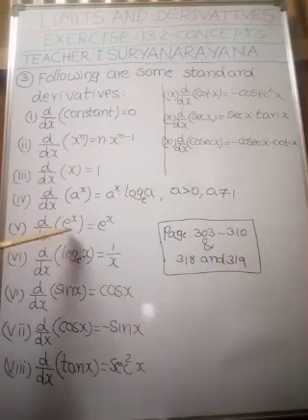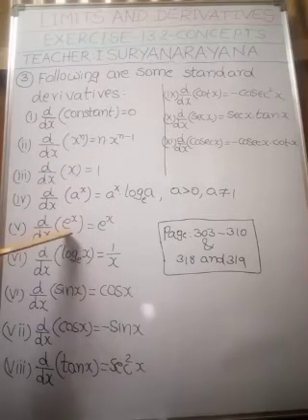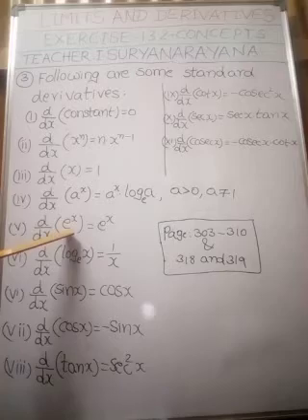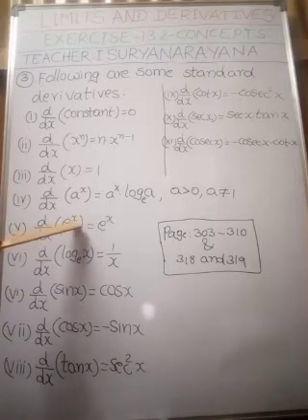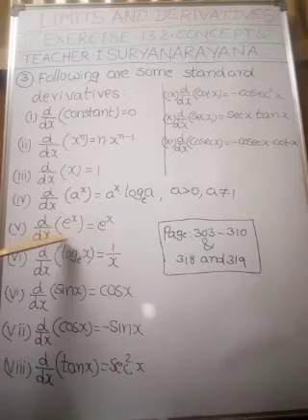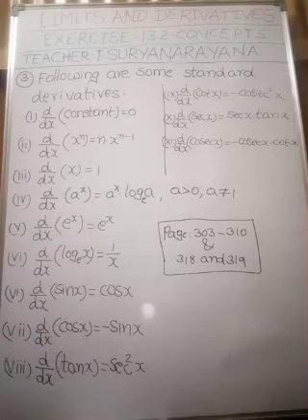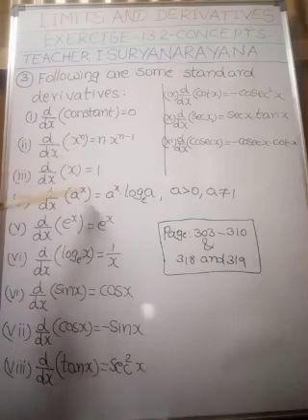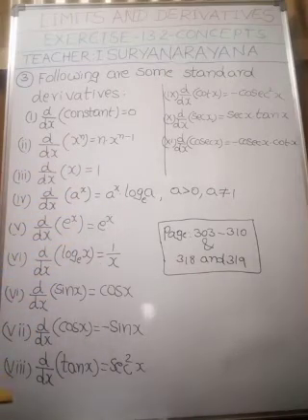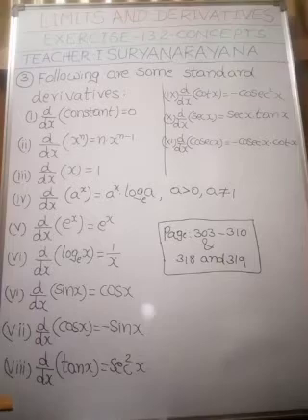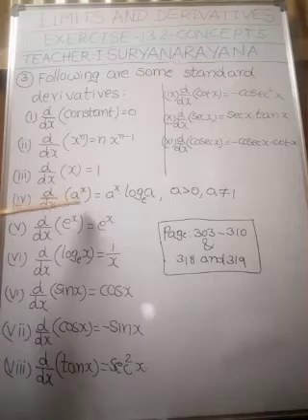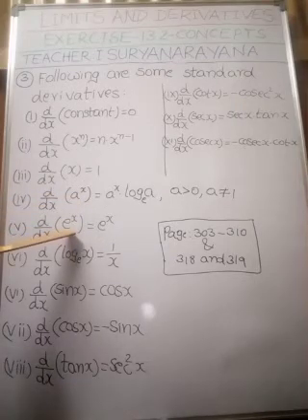And this one, e power x, the base is always e only, it is a fixed base, and the exponent is some function in x. In this case we use this formula. Don't be confused, my children. Three exponent forms are there. In finding the derivative of functions which are in exponential form, this is also in exponential form, this is also in exponential form, and this is also in exponential form.